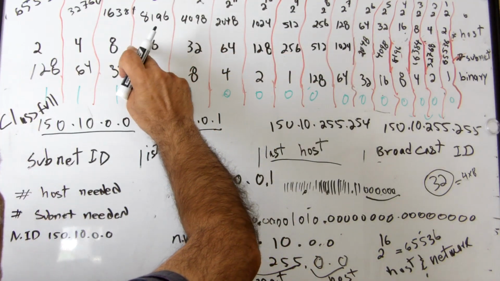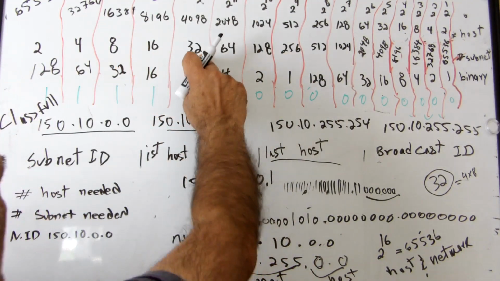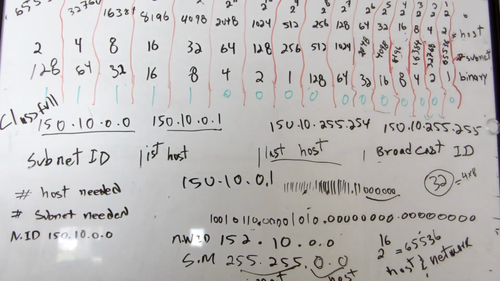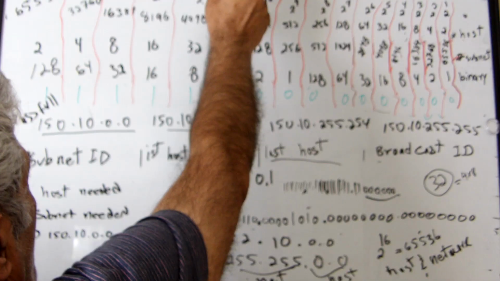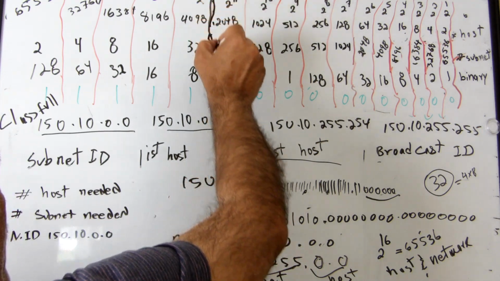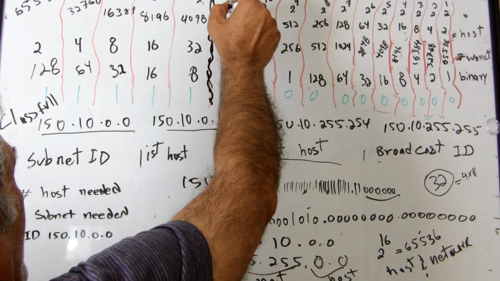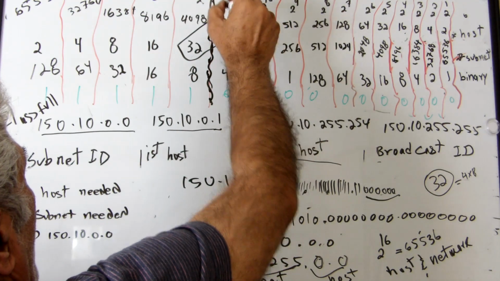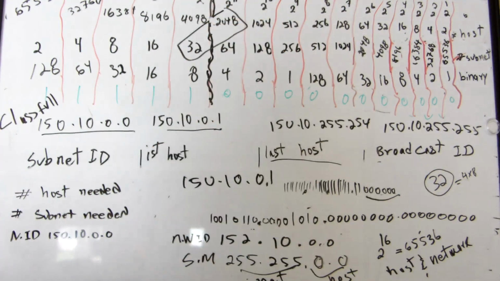If they say we need 32 subnets, then what you do, you draw a line here, and you write this.